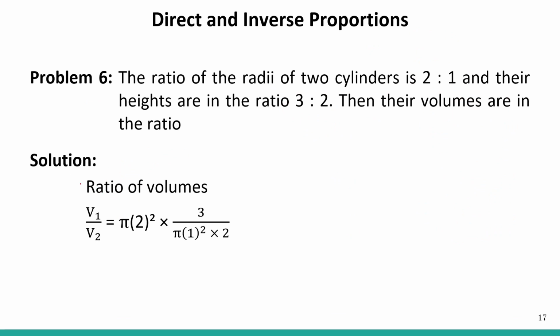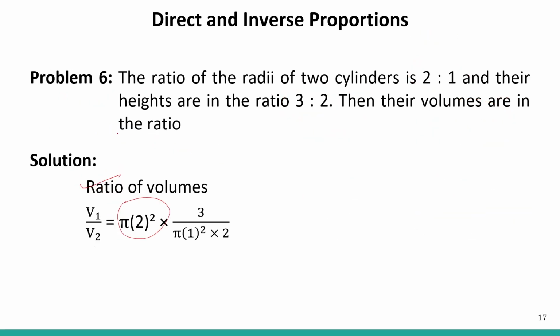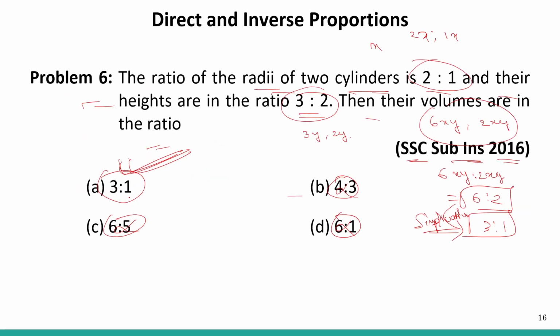So the ratio of volumes is V1 by V2 is equal to pi into 2 square into 3 by pi into 1 square into 2. So this will be V1 by V2 is equal to 4 into 3 by 2, so 6 by 1, or 6 is to 1, right? Okay, we have made a slight mistake here.